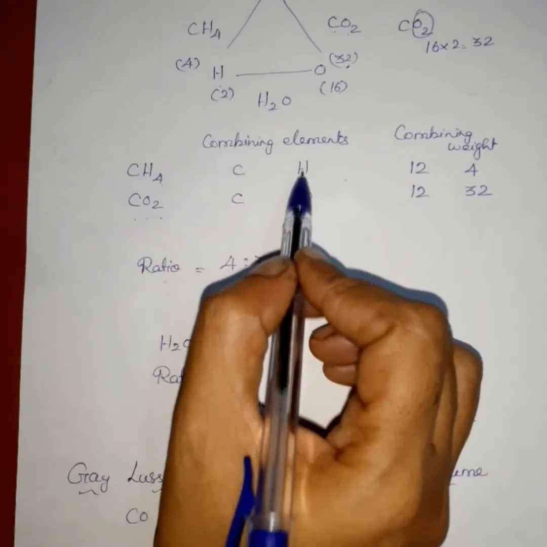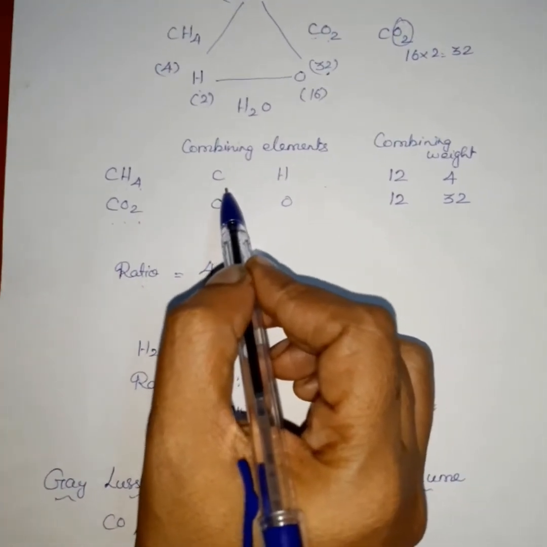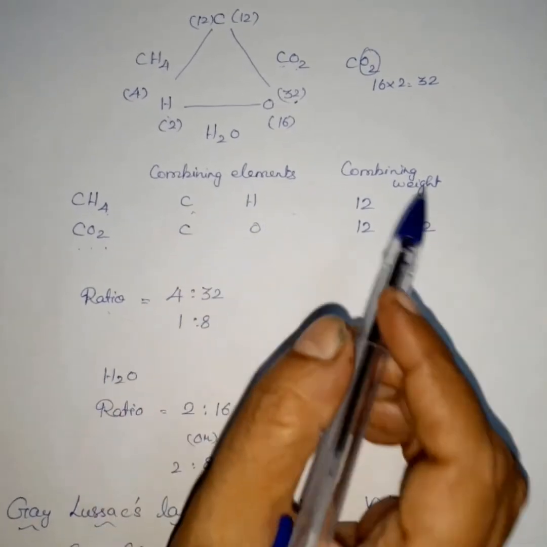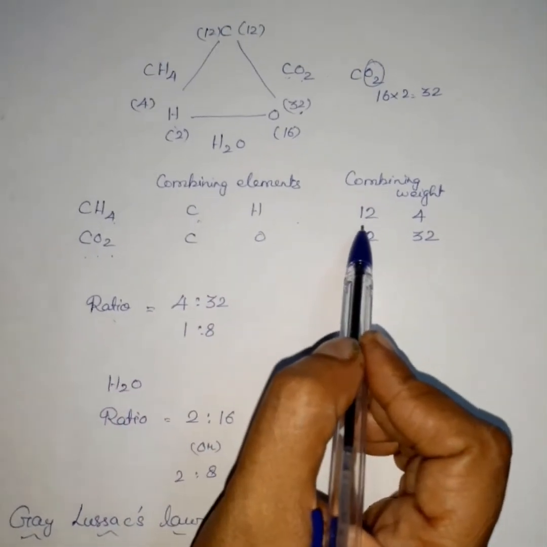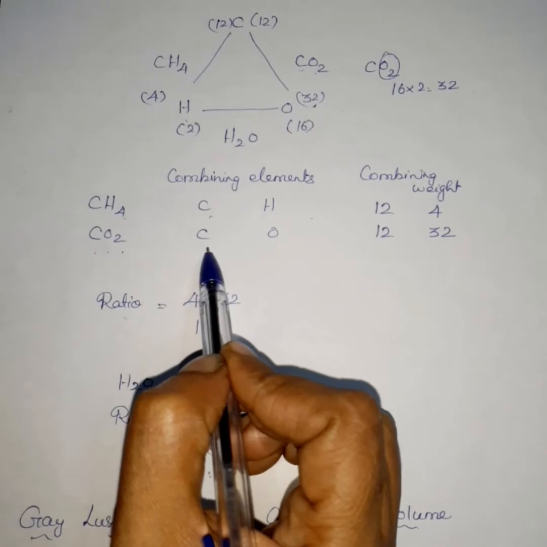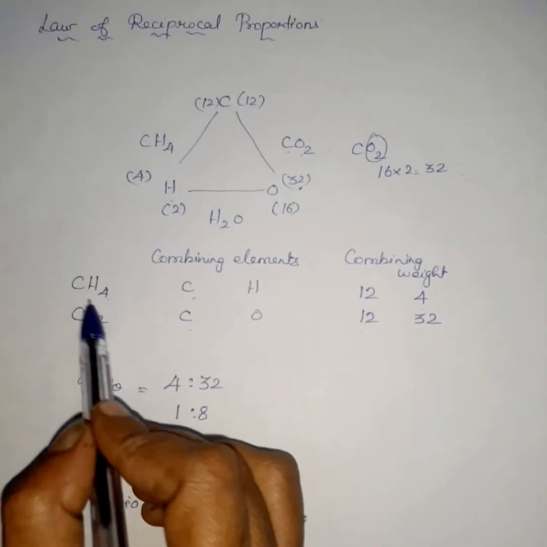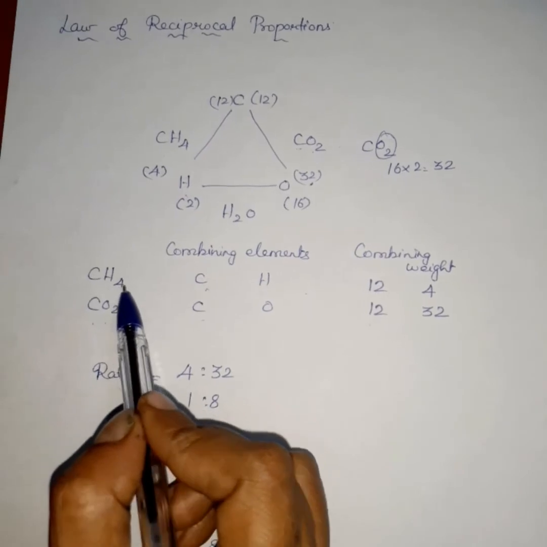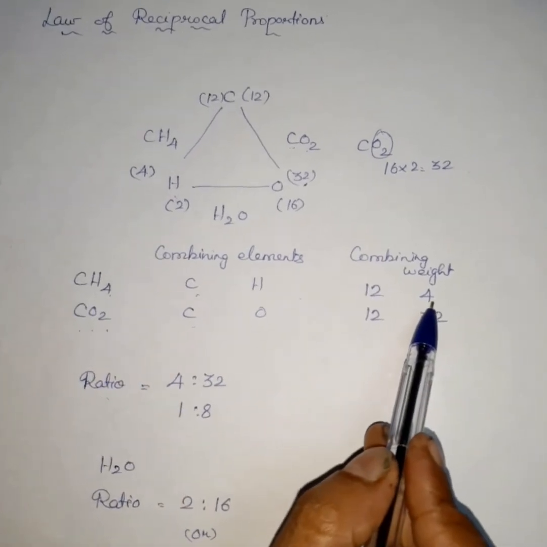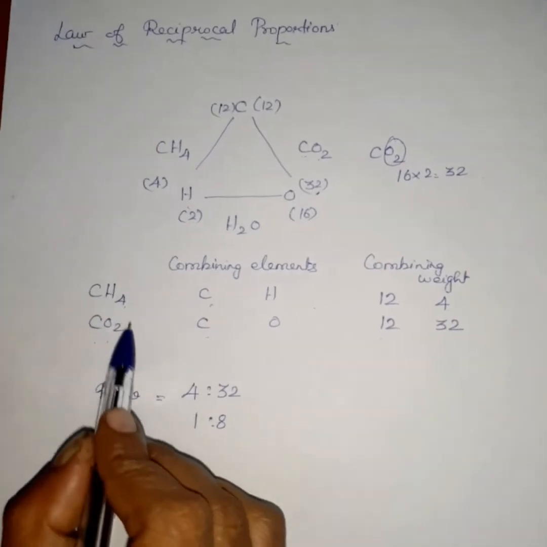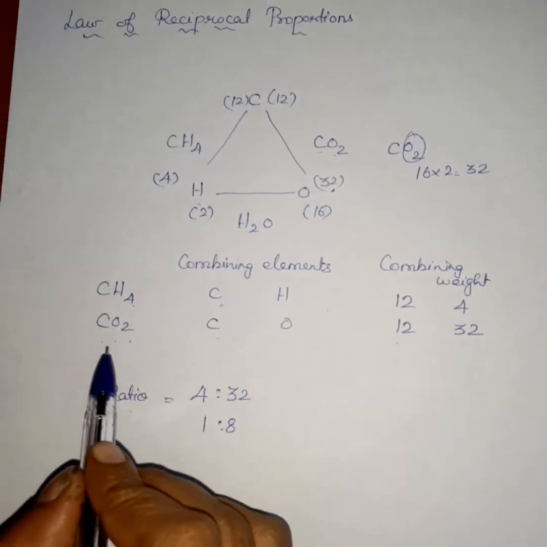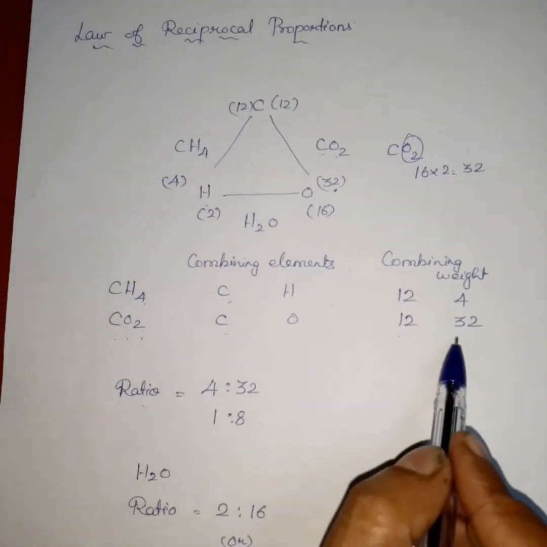So combining elements, here listen, carbon, the weight is 12, atomic mass is 12. Here the carbon weight is 12 and hydrogen is how much? H4, so 4 into 1 is equal to 4. Next here oxygen O2, so oxygen 16 into 2 is equal to 32.